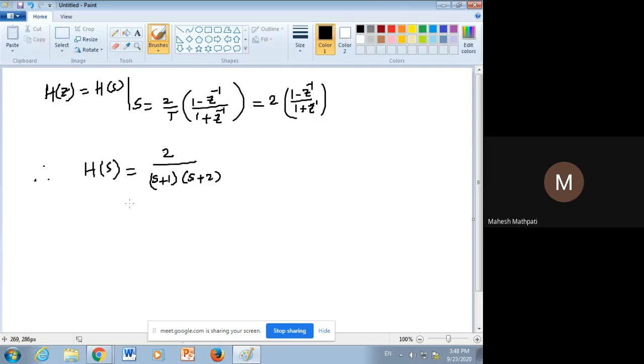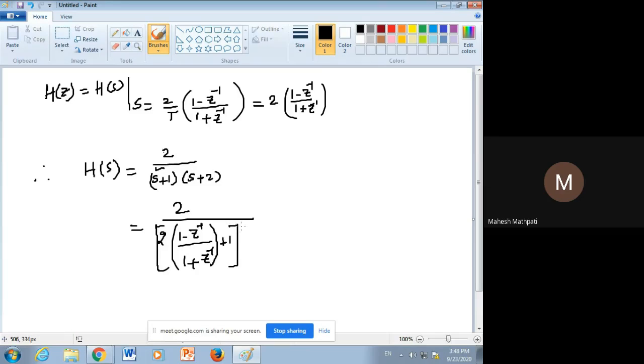Now this becomes 2 divided by, replacing s by the value, 2 into (1 minus z inverse) divided by (1 plus z inverse) plus 1, close the bracket.